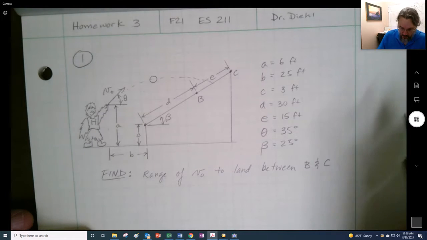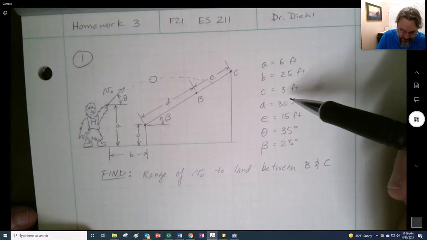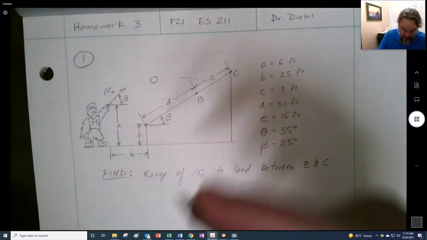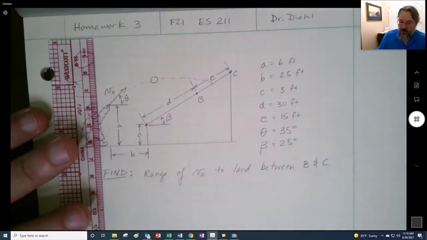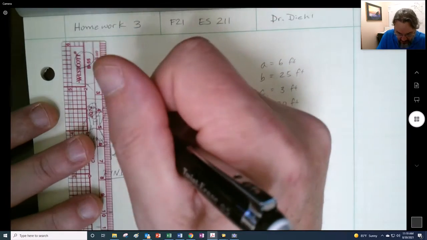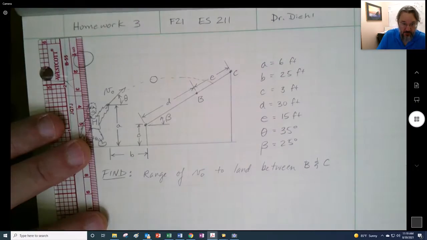All right, so one of the very first things we probably want to do is figure out some geometry, or even before that, decide where is 0, where is the reference, and I think I decided to make it right here at the release point.